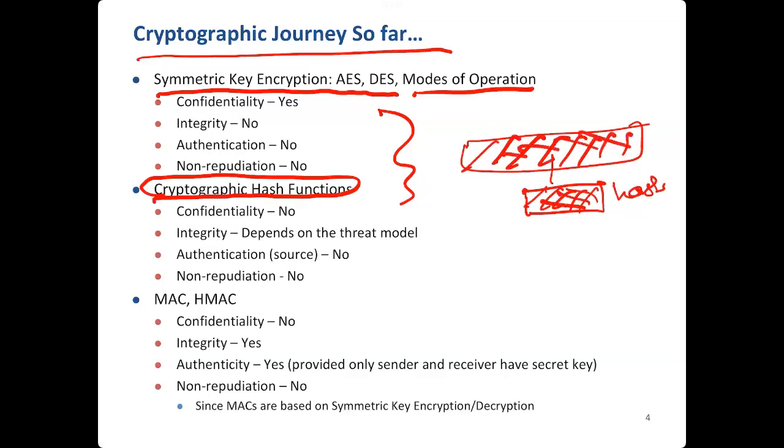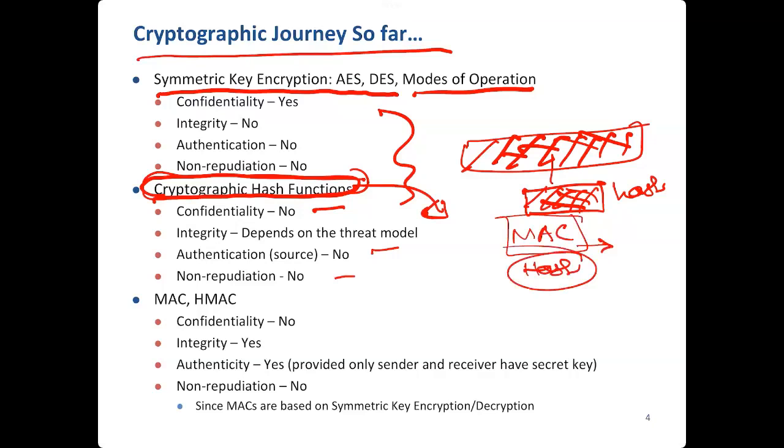Although it may not have properties like confidentiality, authentication, or non-repudiation, it's a very useful function in cryptography because we use it in association with many other functions. For example, MAC by itself is not very practical, but when we combine MAC and hash, it becomes very useful.